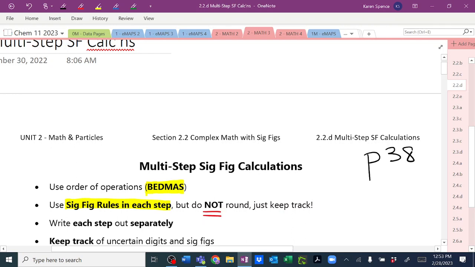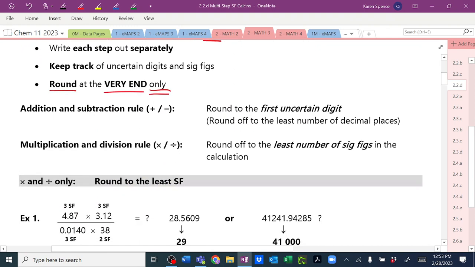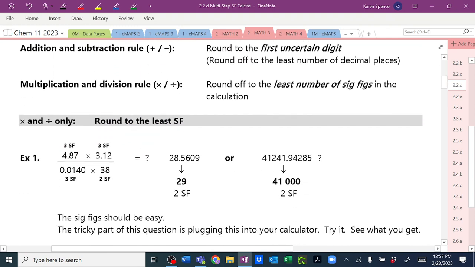What is the rule for multiplication and division? Tell your partner. Round to the least number of sig figs. Okay, so we have those two rules in mind.